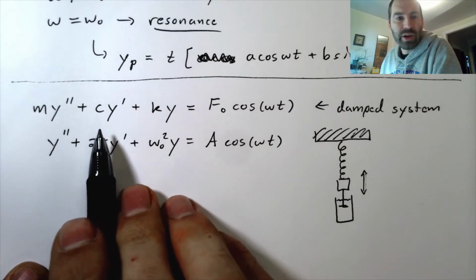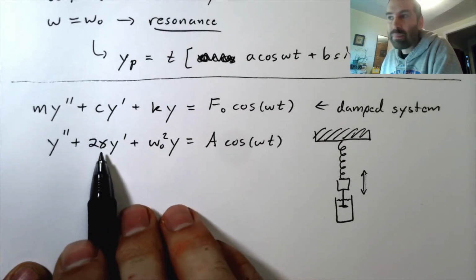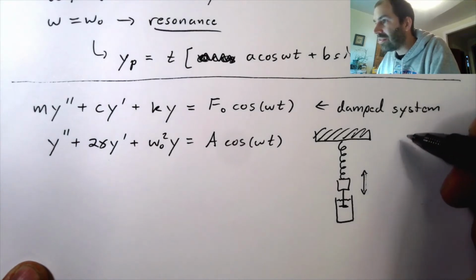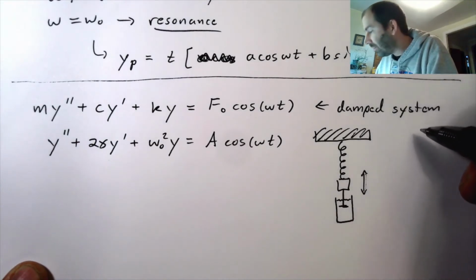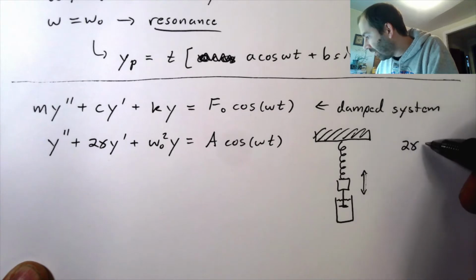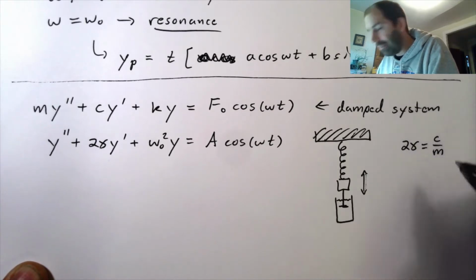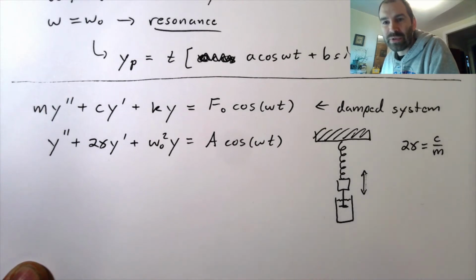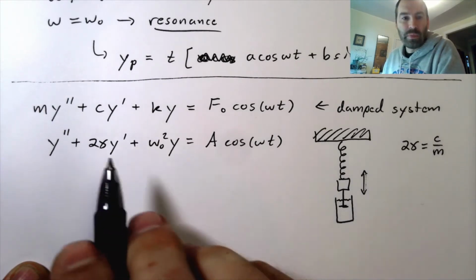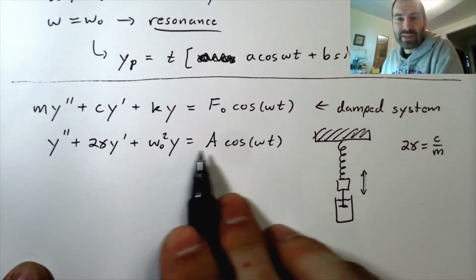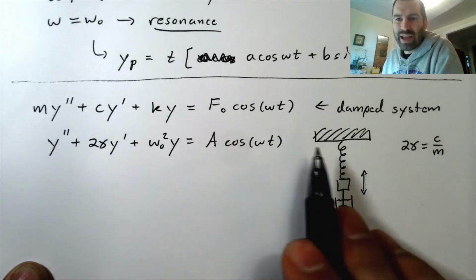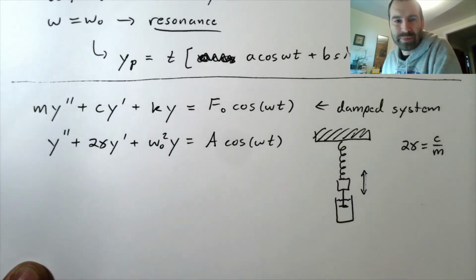I could have written c over m, but instead I'm writing 2 gamma. So 2 gamma is the same as just c over m. You'll see why I want to do this, because it's nicer to write things in terms of gamma than in terms of c over m. So when you divide through by m, you get this, and you could just replace gamma with c over 2m, same thing, right?